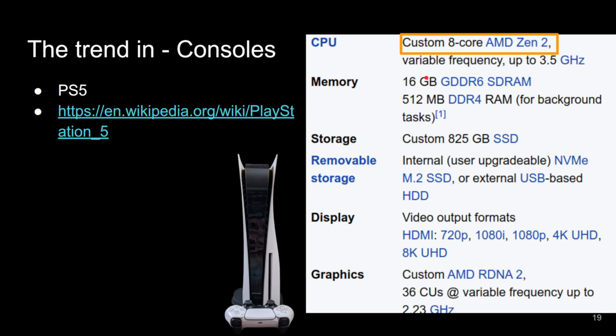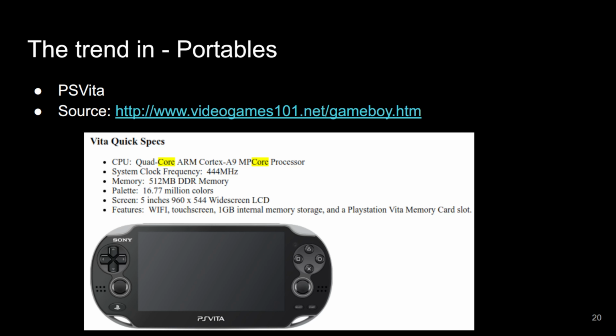PlayStation 5, same deal, 8 cores. Even portable devices, your Vita for the PlayStation, had 4 cores. Most of your cell phones have probably 2 to 4 cores, depending on what you own, an Android or Apple or maybe a BlackBerry device.